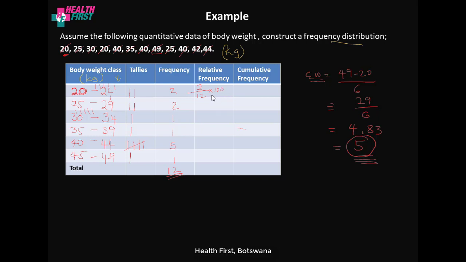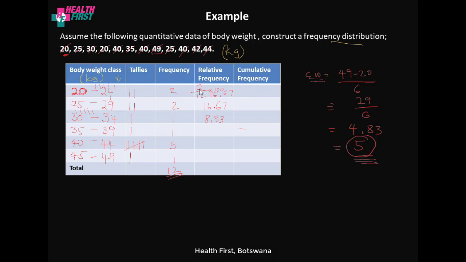So in this case, we get 16.67. This also will be 16.67, right? This one would be half of this, which is 8.33, and so forth. So you can complete the table. For the cumulative frequency, you can either have a cumulative relative frequency where you add the relative frequencies successively, or you can have a straightforward cumulative frequency where you add the successive frequencies.